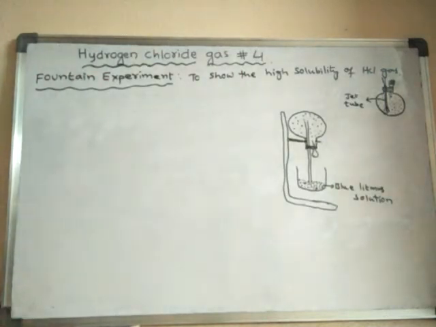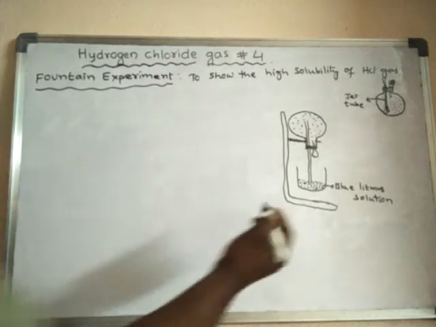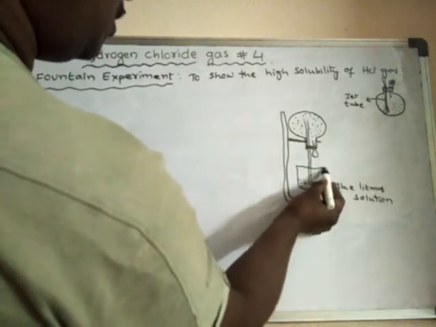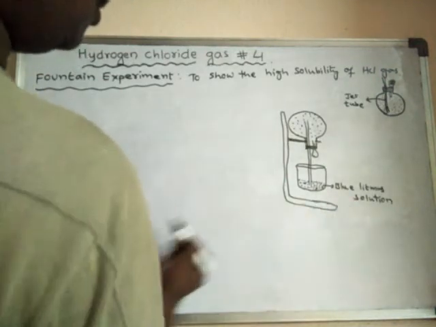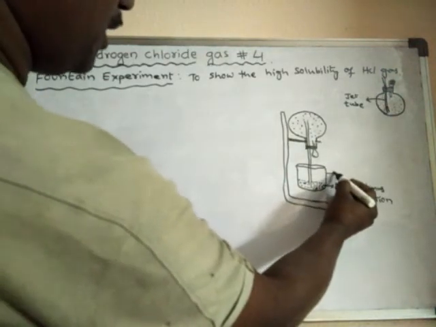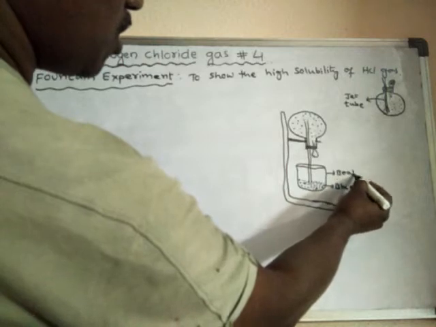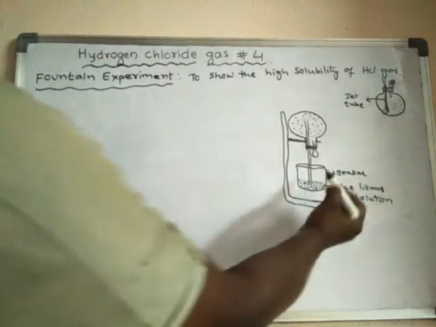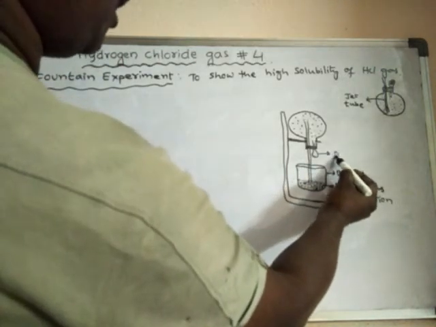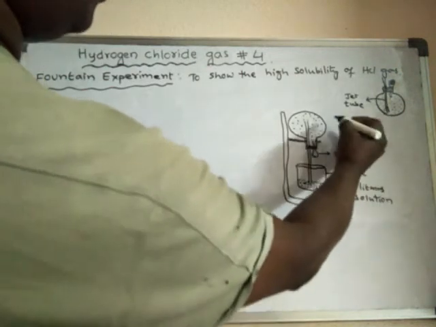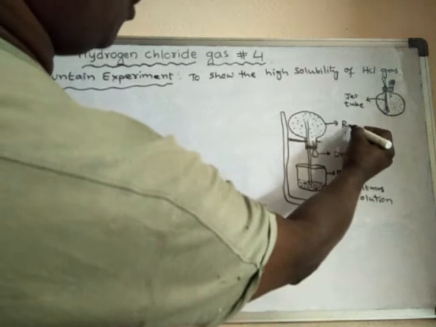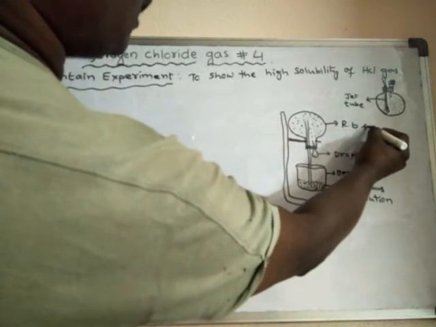So this is a beaker which is having blue litmus solution. This is the dropper. This is called the round bottom flask, RB flask.